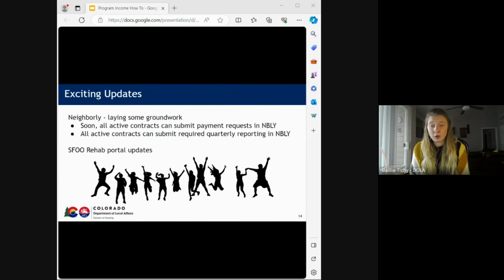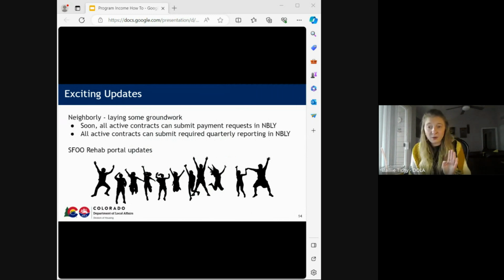So for agencies that do have the rehab program and we're planning to use Neighborly as your system to track the loans and track contractors and all of that jazz. Throughout the year or two that we've been working in Neighborly, it came to our attention that the SFOO rehab portal just can't do what we need it to business wise.